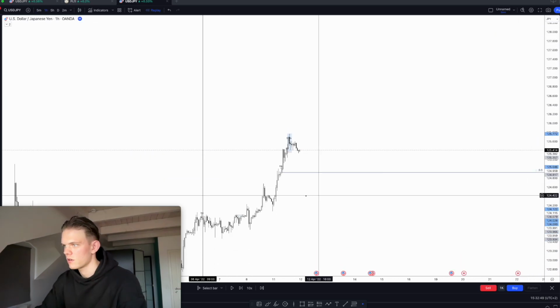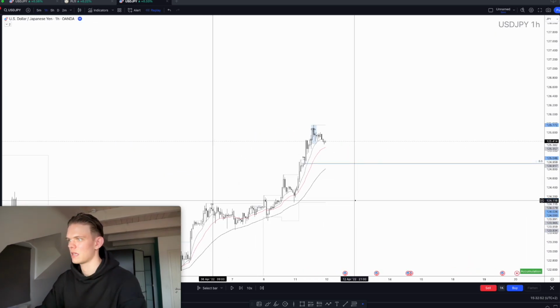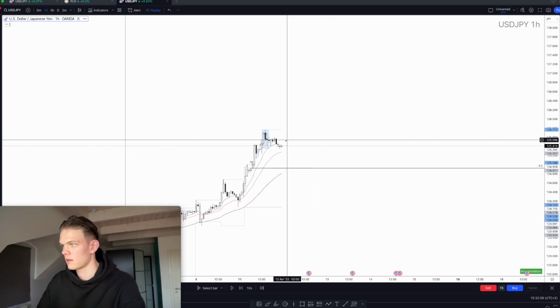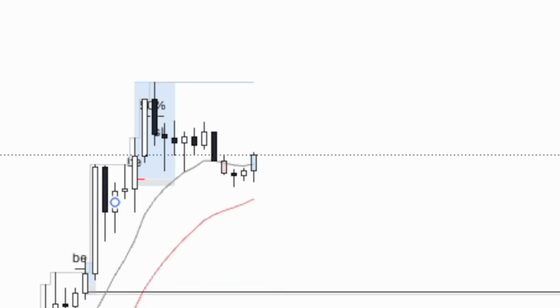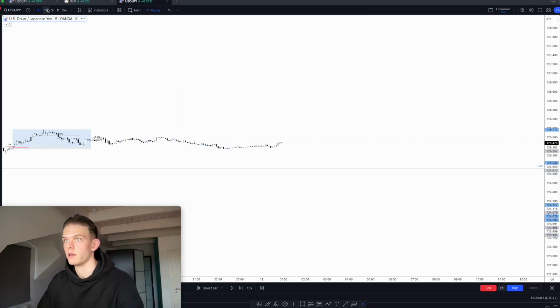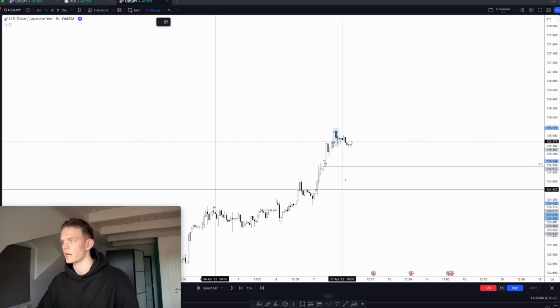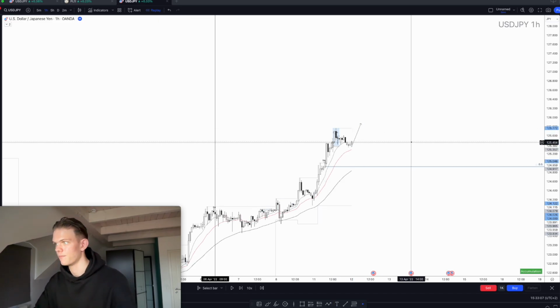Remember what I said about the 1 hourly below a maze, and if we get back above now, which we do, this can already be the next potential for price doing that.